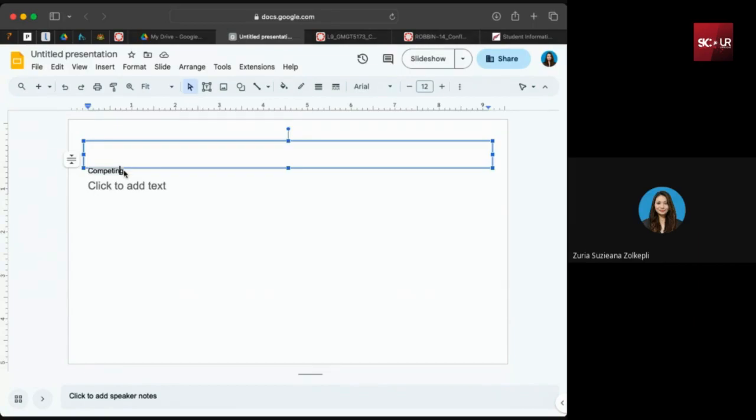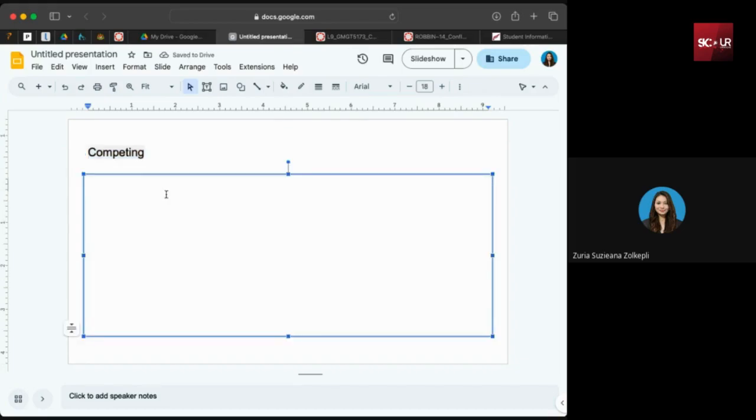The first one we call competing. So in competing, we look at several things here. We look at their objective, and then we look at their intention. We look at the behavior that we show when we are adopting this style.